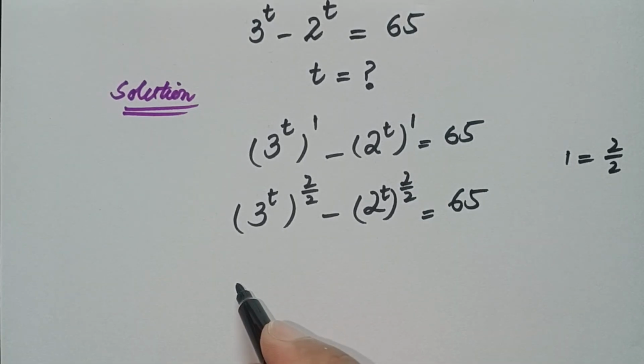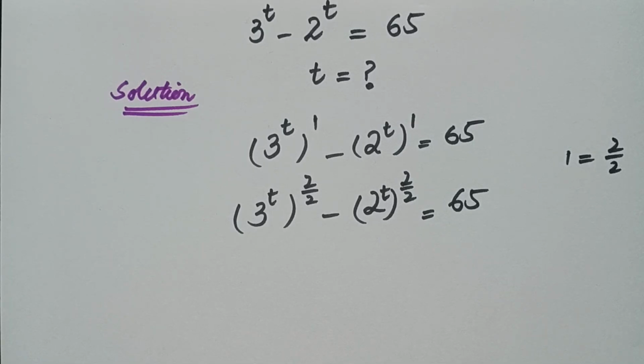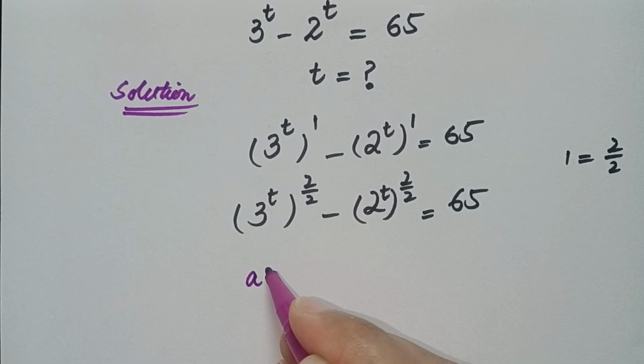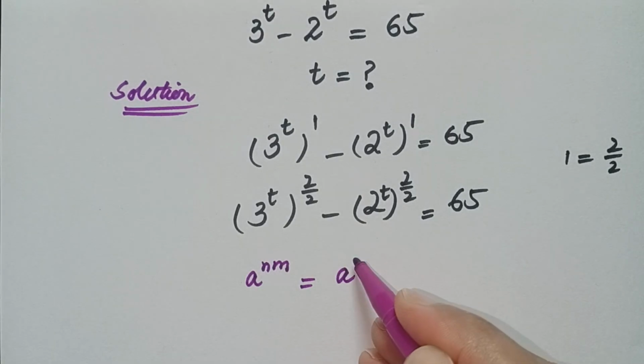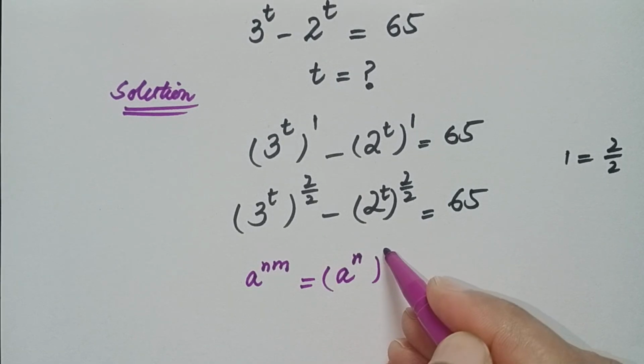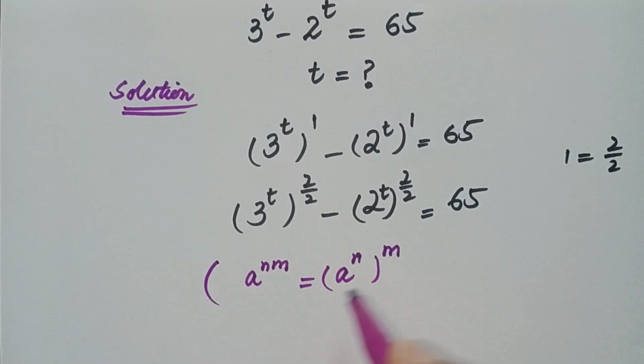Here we will use a very well-known property of exponents. The property is: if (a^m)^n is given, we can write it as (a^n)^m, and m can be written outside of the bracket. So we will use this property in the next step.